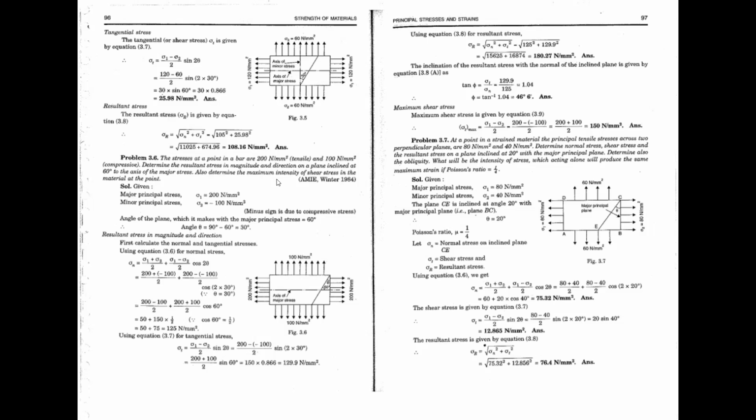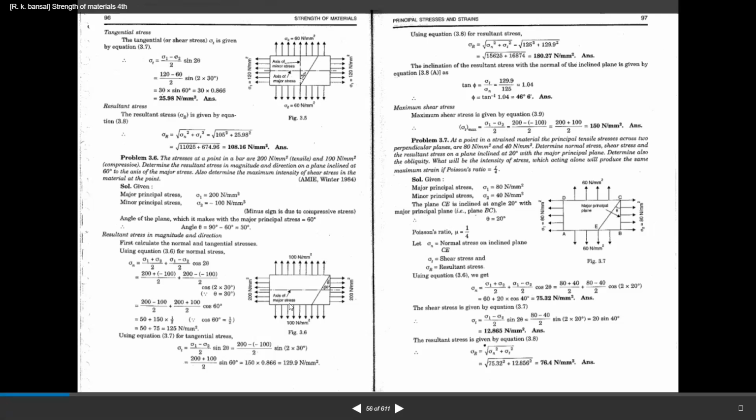See the problem, the data is given. Tangential and compressive stresses. See the diagram, the axis of major stress is the axis. The angle of inclination theta is 60 degrees. Sigma 1 equals 200 Newton per mm square.